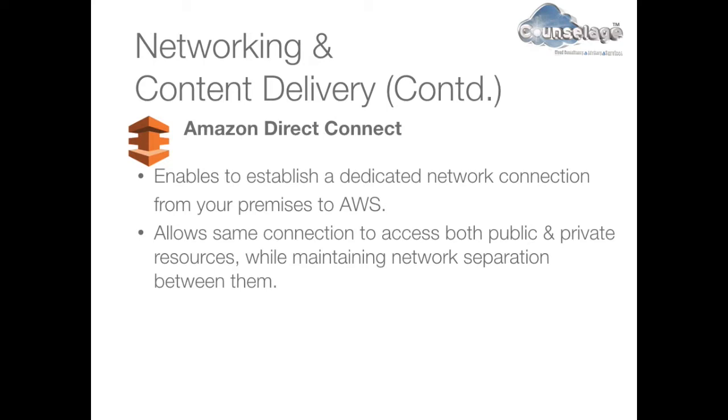Now it also allows you to use the same connection to access public resources such as objects stored in Amazon S3 using public IP address space, and private resources such as EC2 instances running within a VPC using private IP address space. And all this is done while maintaining network separation between public and private environments. Virtual interfaces can be reconfigured at any time to meet your changing needs as well.